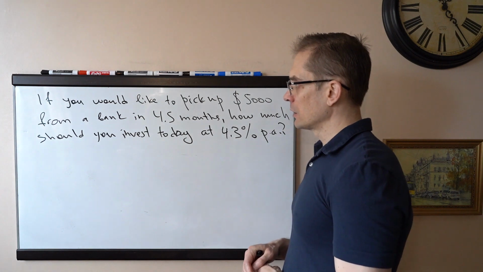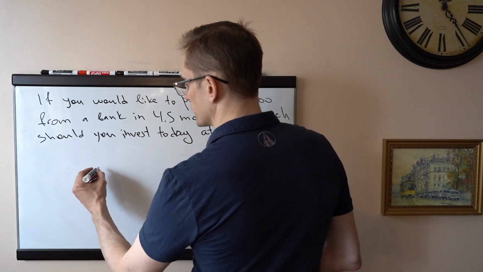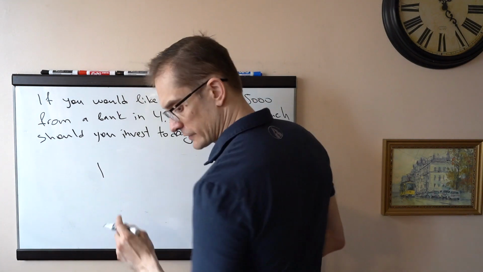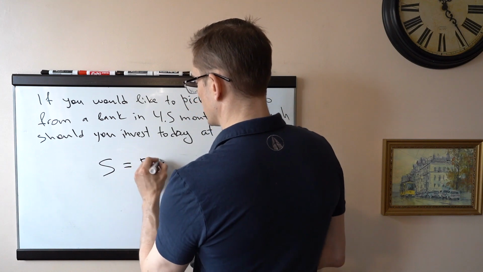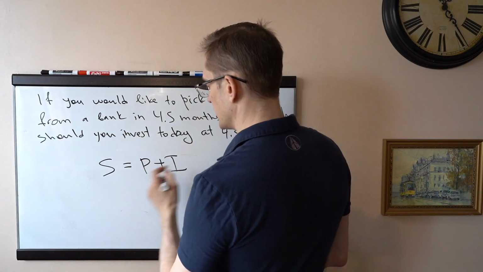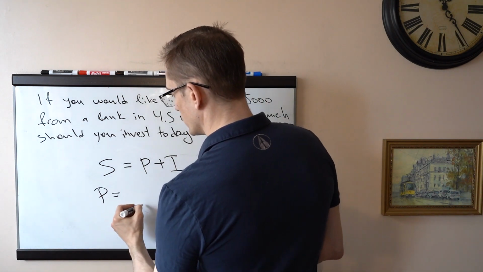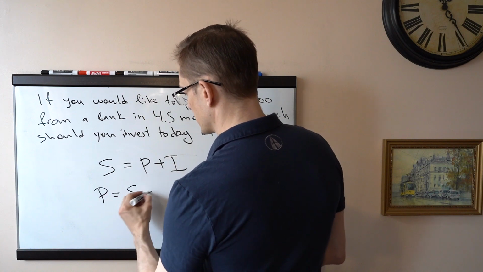And we cannot now use something like this. We cannot say, okay, you know what, simple future value is P plus I, right? So why don't we just deduct P from here, which is S minus I?